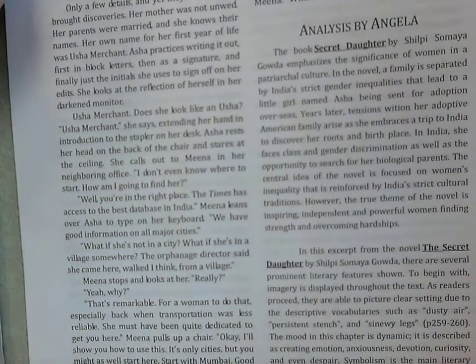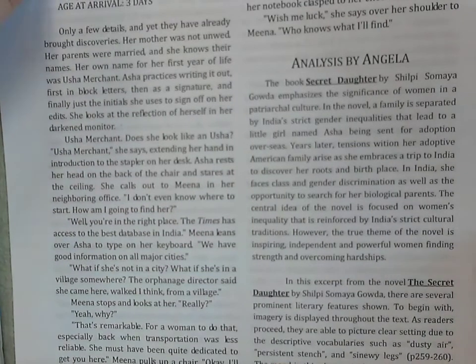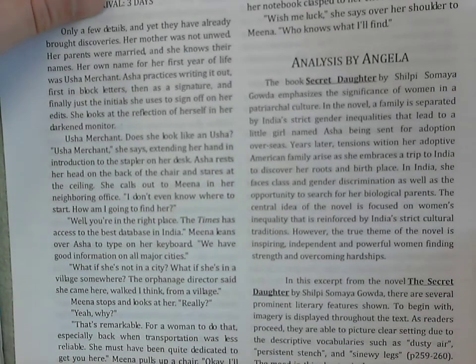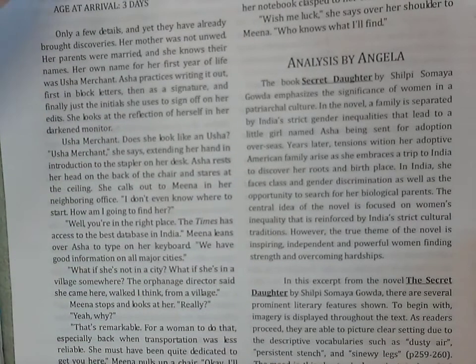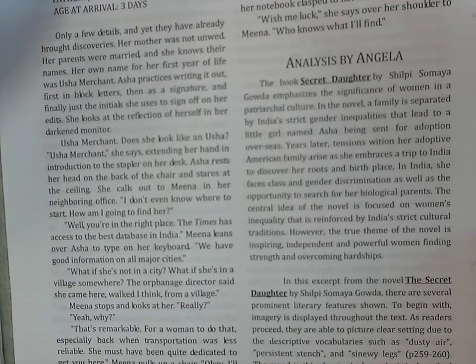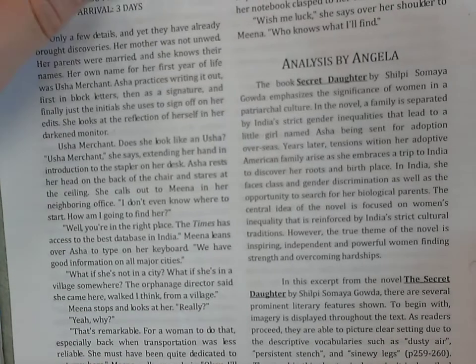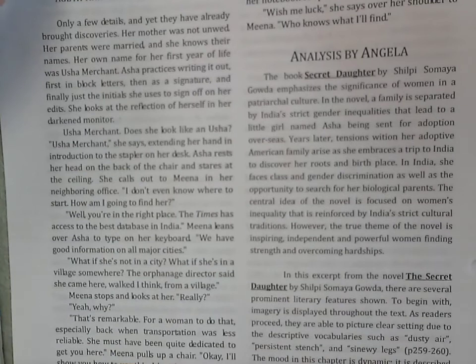The book The Secret Daughter by Shilpi Somaya Gowda, something like that, emphasizes the significance of women in a patriarchal culture. In the novel, a family is separated by India's strict gender inequalities that lead to a little girl named Asha being sent for adoption overseas. Years later, tensions within her adoptive American family arise as she embraces a trip to India to discover her roots and birthplace.